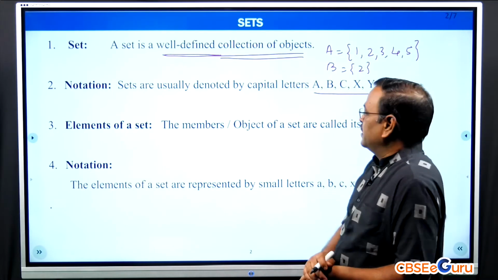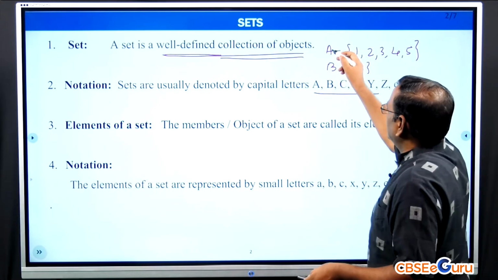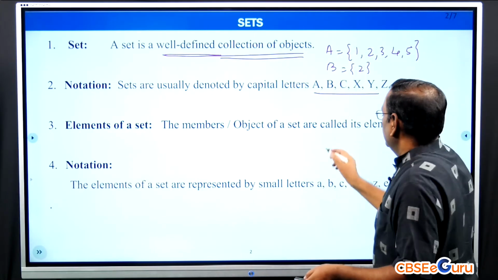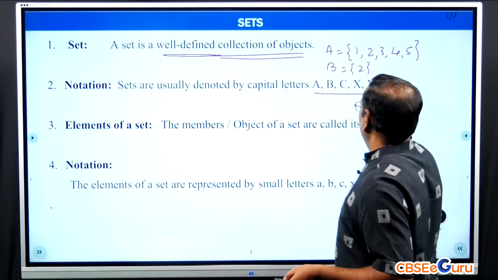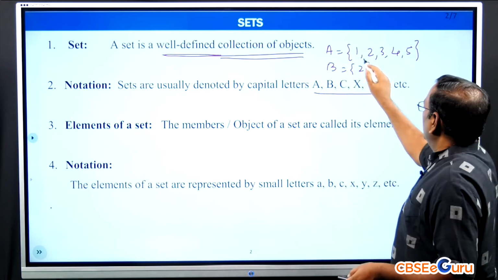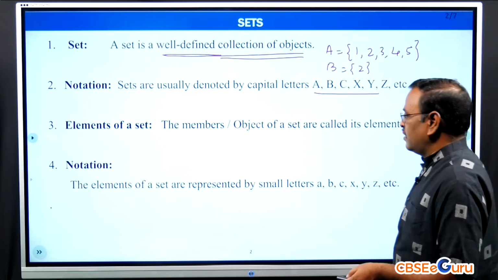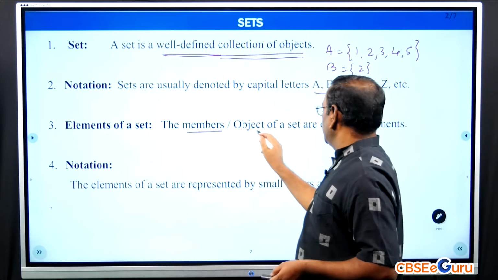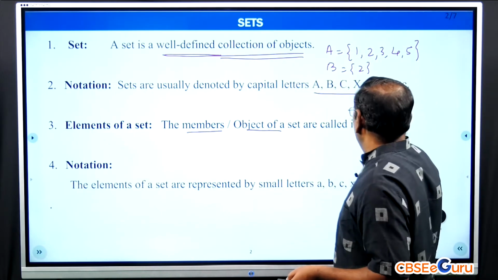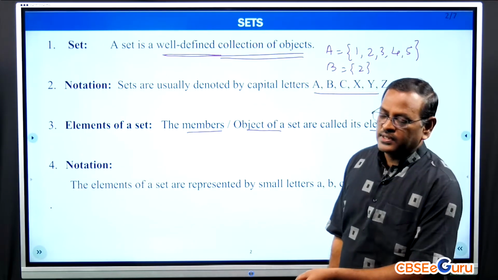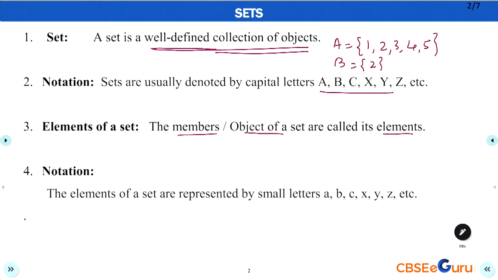And the notation of sets is, we can use capital letters, either A, B, C or X, Y, Z. And 1, 2, 3, 4, these numbers are called members, objects or elements. You can use any word, but throughout the discussion I am using elements.